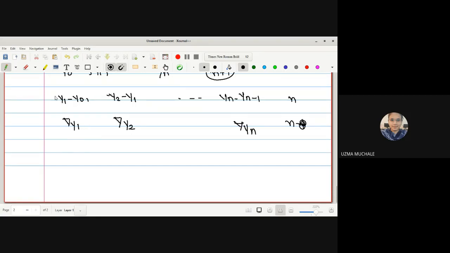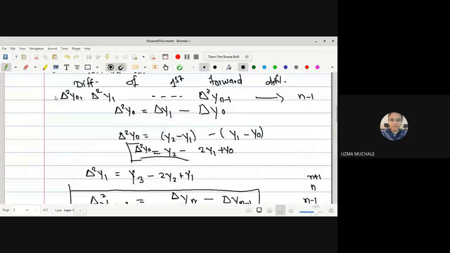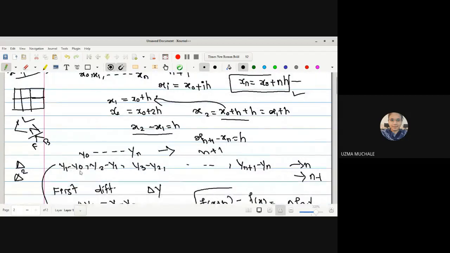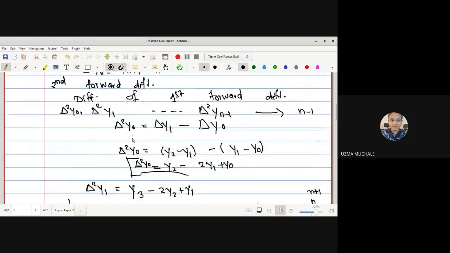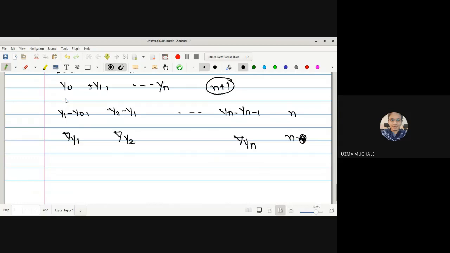If you come to know this one, see here we have denoted this one y1 minus y0, y2 minus y1 and so on. This is nothing but delta y0. This is delta y1. This is delta y2. Now here also we have written the same thing. What is the difference here? This one we have denoted in the forward one as delta y0, and in the backward one we have denoted this as delta y1, the backward difference operator.